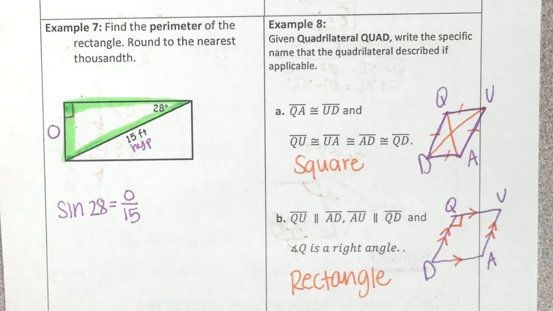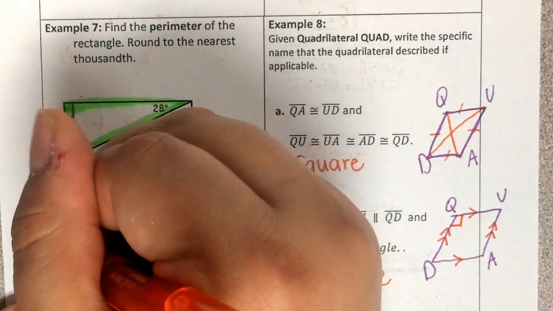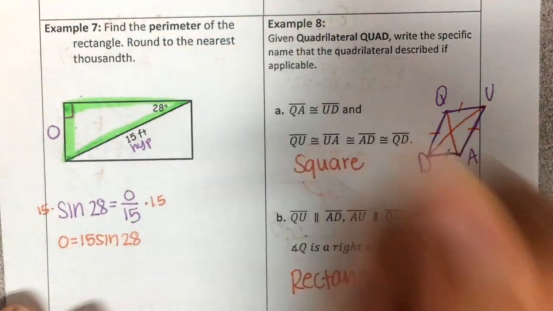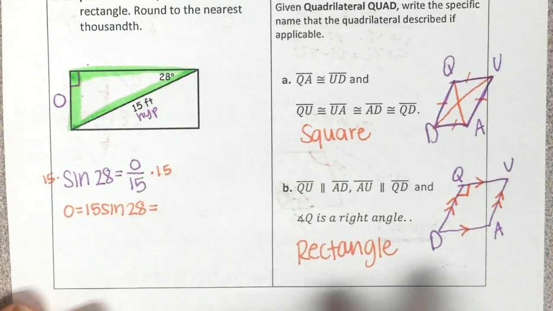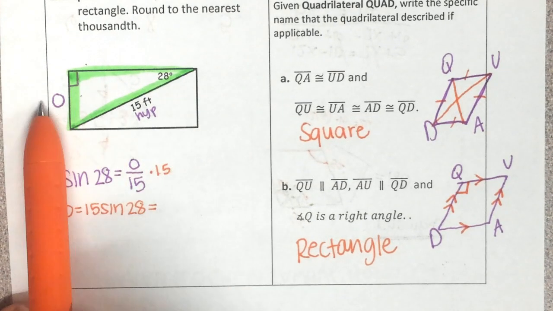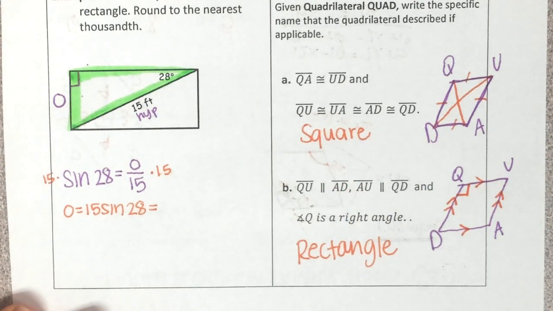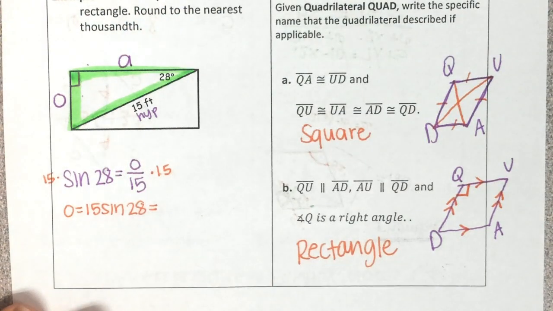How do you get O by itself when it's on top? Multiply by 6. And I'll give you that answer in just a second. But that just gives me this side and this side. Then how do we do the other one up here? Cosine. Isn't that my adjacent?